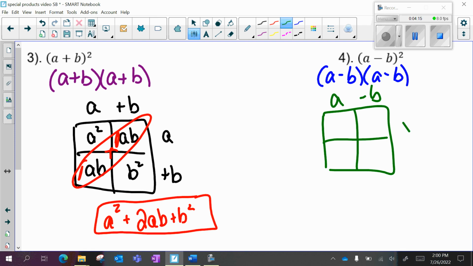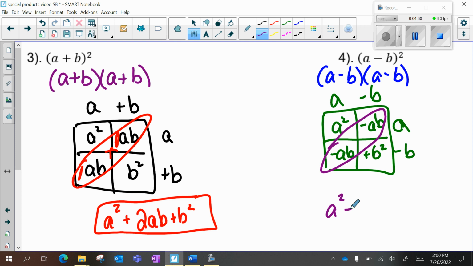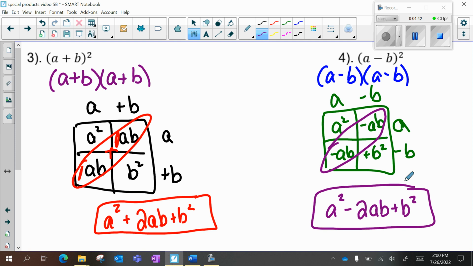We have a minus b, a minus b. So we have a squared minus ab minus ab plus b squared. Remember, a negative times a negative is a positive here. My diagonal are my like terms again. So I end up with a squared minus 2ab plus b squared.